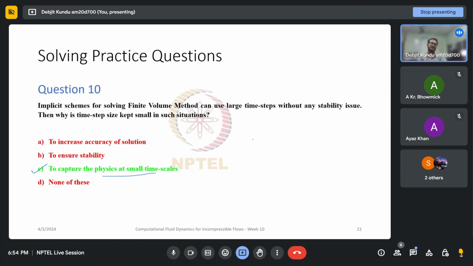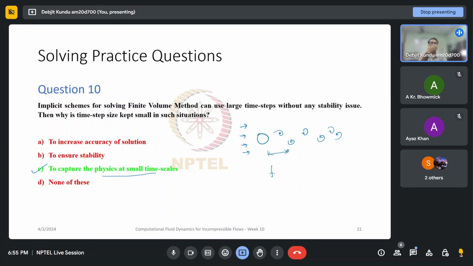So let's take an unsteady problem, for example. Let's say I have a cylinder and a uniform flow approaching it at a certain Reynolds number, at a high enough Reynolds number, such that vortex shedding takes place. So von Karman vortex street forms like this, right? And there is a certain frequency associated with this vortex shedding as well.